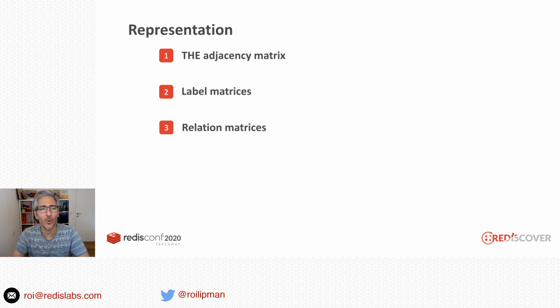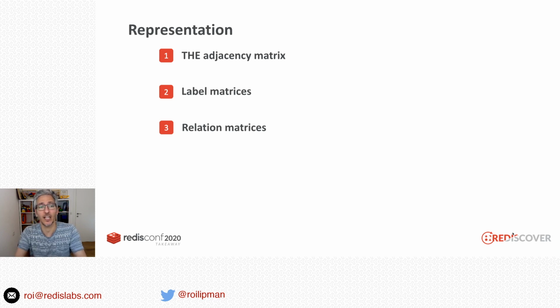We also have what we refer to as label matrices, and basically we have one label matrix for each label in the graph. So suppose that your graph has two different types of entities, let's say nodes representing people and another set of nodes representing cities, then you basically have two different labels, person and city.